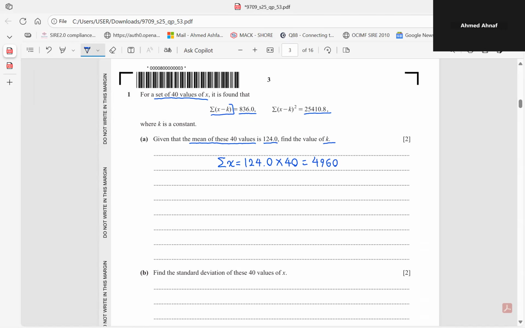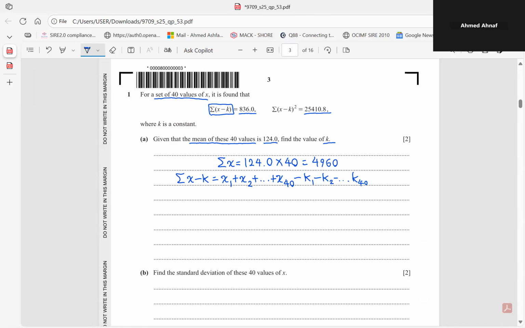And this, we can actually rewrite it as this. So this is just x1 plus x2 all the way to x40, minus k1, k2 all the way to k40. And k1, k2, k40, they're all the same.